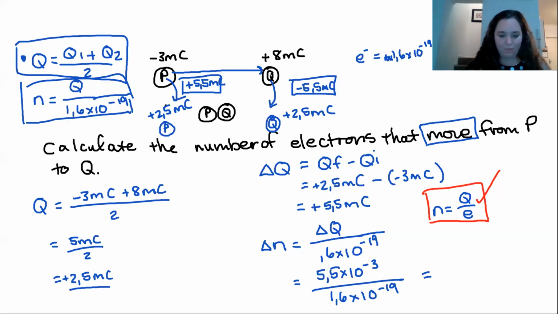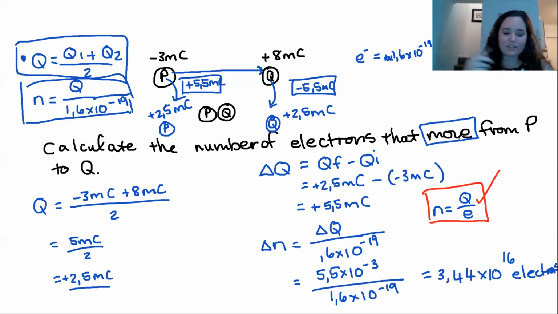Divided by 1.6 times 10 to the minus 19 gives me an answer of 3.44 times 10 to the 16, and that's number of electrons, so you can write there just electrons. We know that they've moved from P to Q, so if we were talking about specifically how many electrons P gains, you can write gains, and if it's how many they lose, you can write loss there.